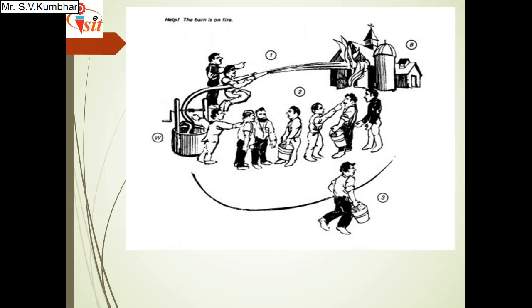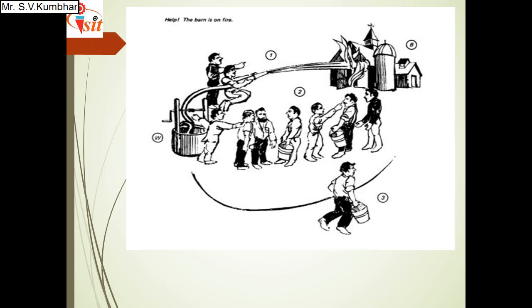Here, this picture clears everything. I would like to show one scenario in which there is a fire, and in order to resolve that fire, one well is provided. One man is using a pump.